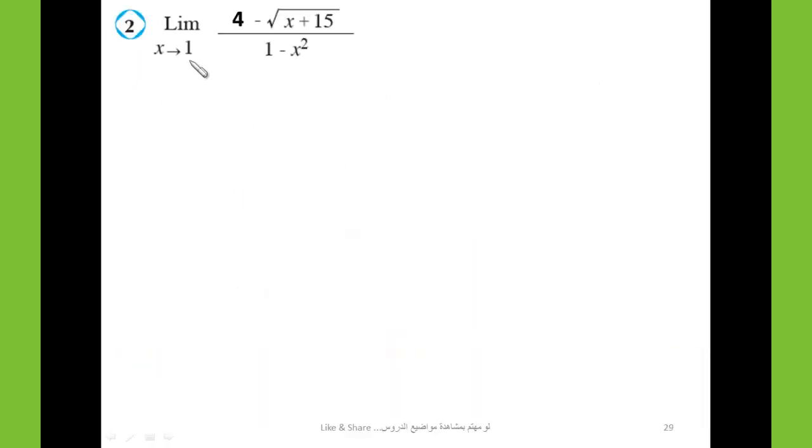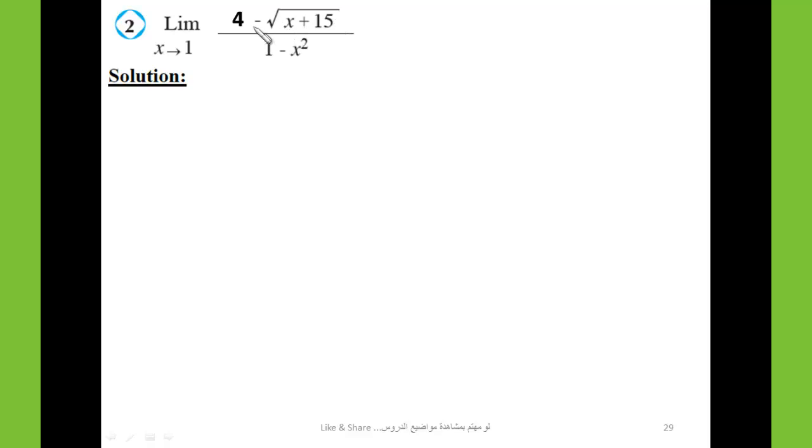To find the limit of 4 minus root x plus 15 over 1 minus x squared as x tends to 1. When you substitute x equals 1 in this fraction, what do you get? You will get 0 over 0. When you substitute x equals 1, we have 1 plus 15 equals 16, and root 16 equals 4.